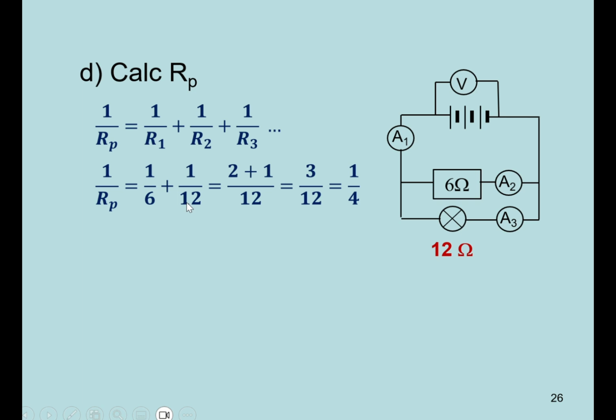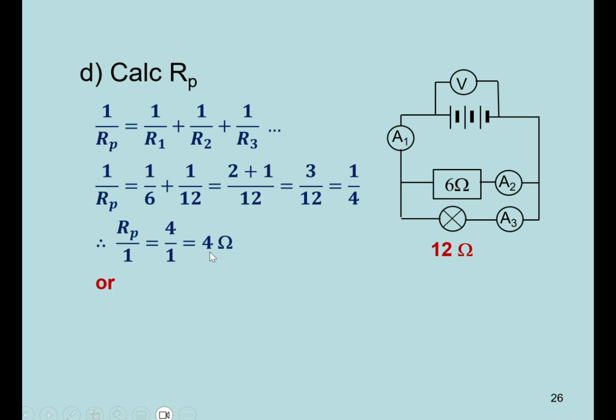Now how do you add fractions? You must first put them over the same denominator. 2 twelfths is a sixth, plus 1 twelfth gives 3 twelfths, which is a quarter. But that's not the resistance, that's the inverse of the resistance. So you have to flip them both over, both sides of the equation, and therefore the RP is 4.